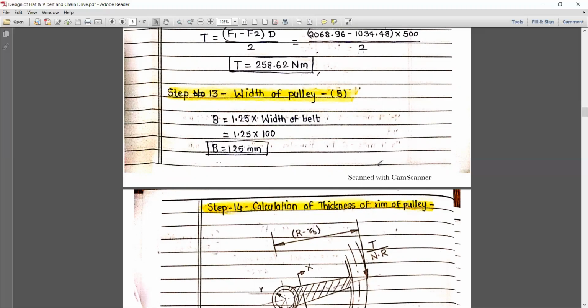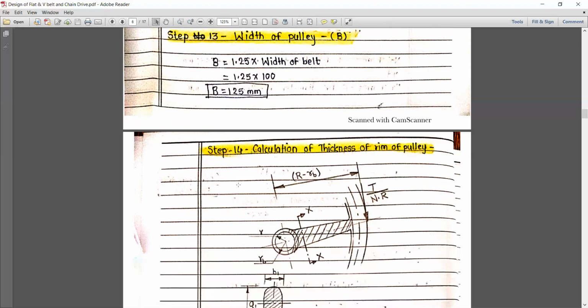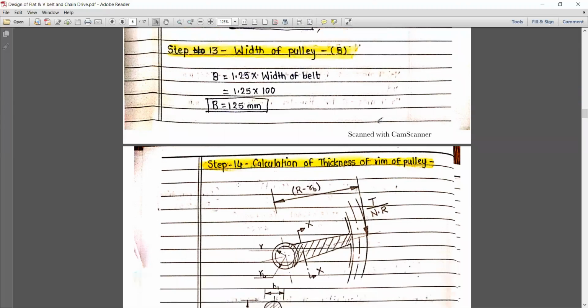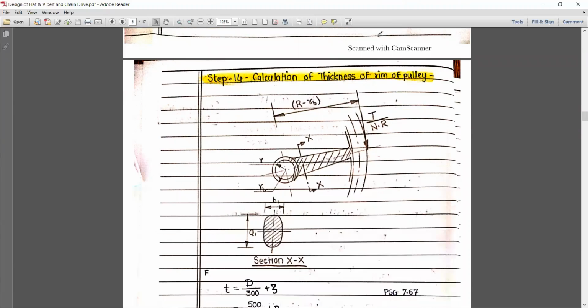To avoid sudden slip or sudden failure, we keep the width of the pulley greater than the width of the belt. The belt width which we calculated is 125 mm.